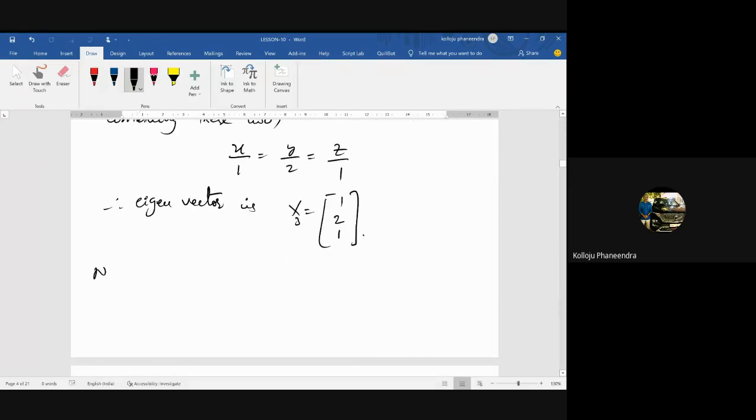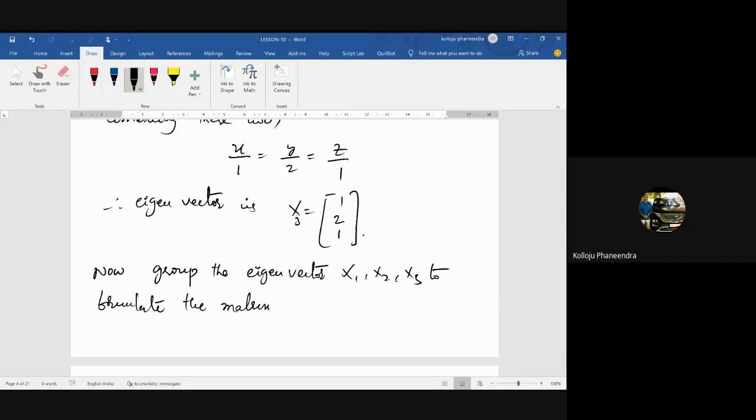Therefore, now group these three eigenvectors x1, x2 and x3 to formulate the matrix of transformation, nothing but the modal matrix.